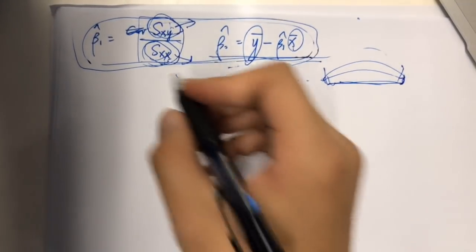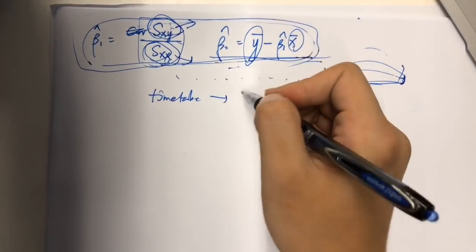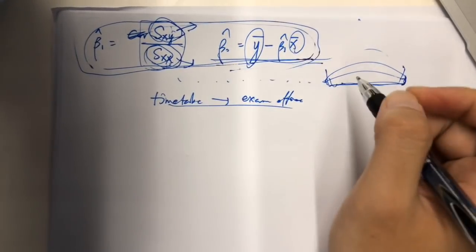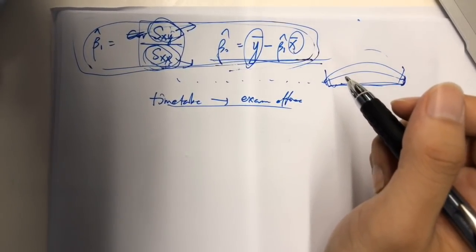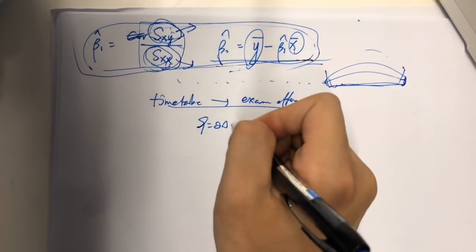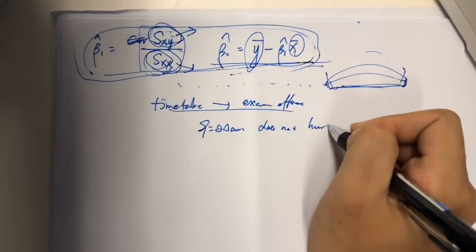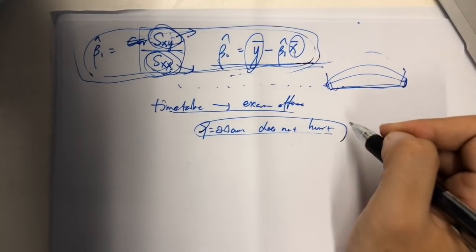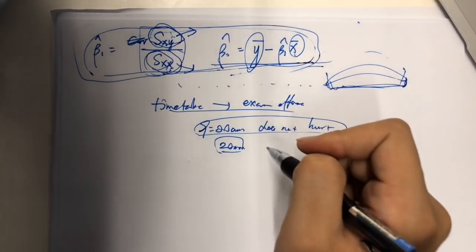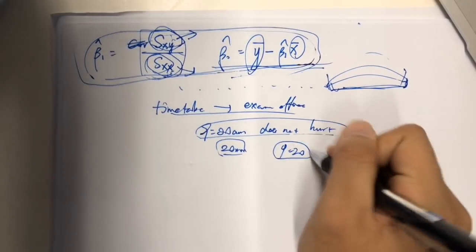So for the timetable, look at the exam office. And he also said, "Coming earlier does not hurt." This means if you come by 9 a.m., it does not hurt. But I think 20 minutes more sleep really matters, so I think it's safe if you come by 9:20.